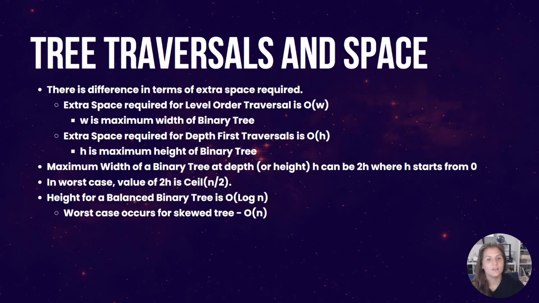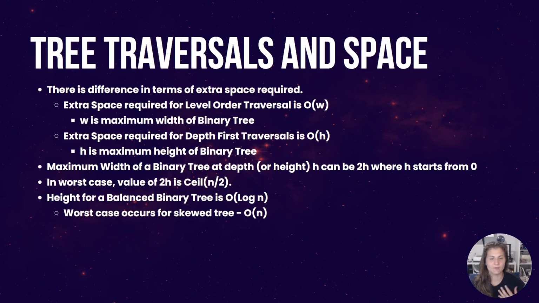When we do a depth first traversal, the extra space that is required is O(H), and H is the maximum height of our binary tree. That's because in our depth first search, a stack, or in the case that we've done a recursive function, a function stack, stores all the ancestors of a node.